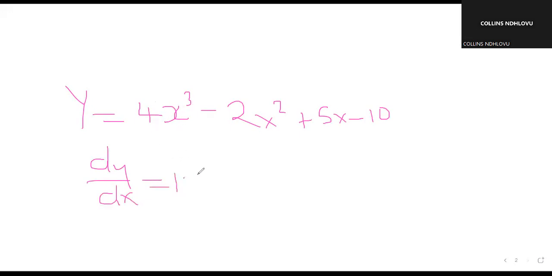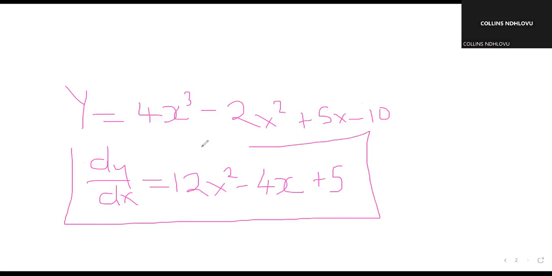We're going to have 12 here, x to the power what? 3 minus 1 is 2. Then minus 2 times 2 is 4, so 4x to the power 1. We never write the 1. Then plus, there's an invisible 1 there. 1 times 5 is 5, 1 minus 1 is 0. So 5. If you have a constant, it drops out. So this is what we call the derivative.